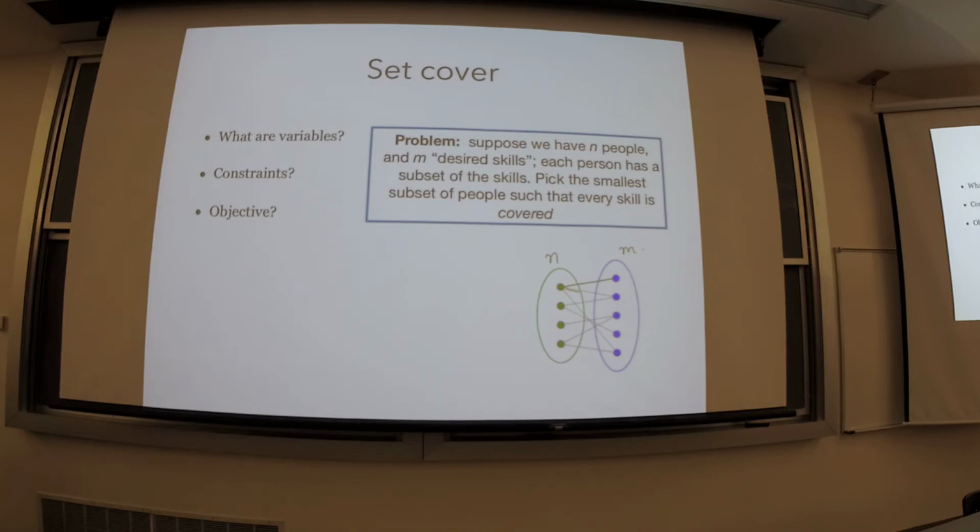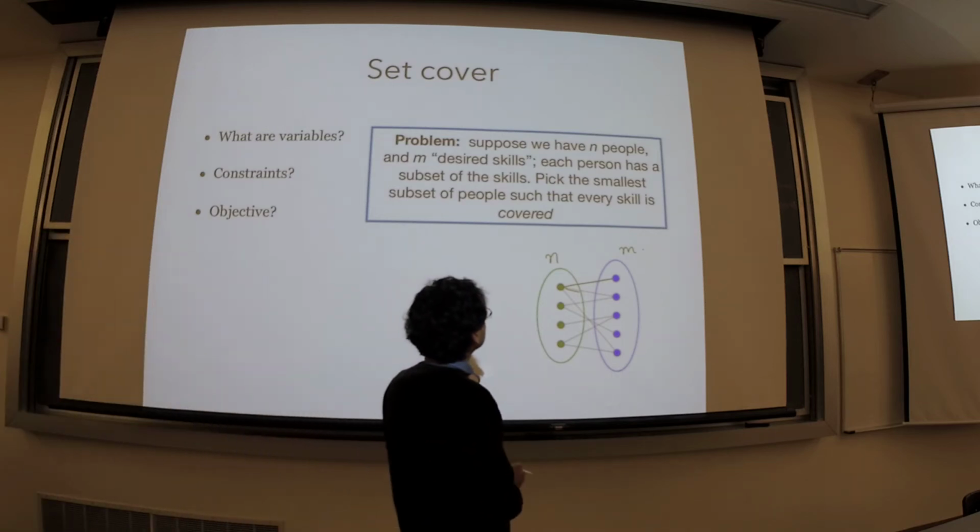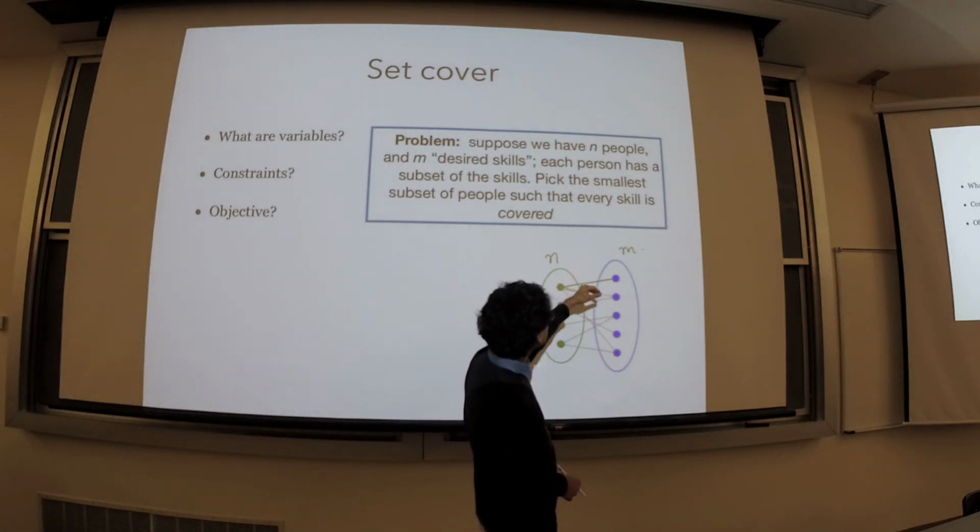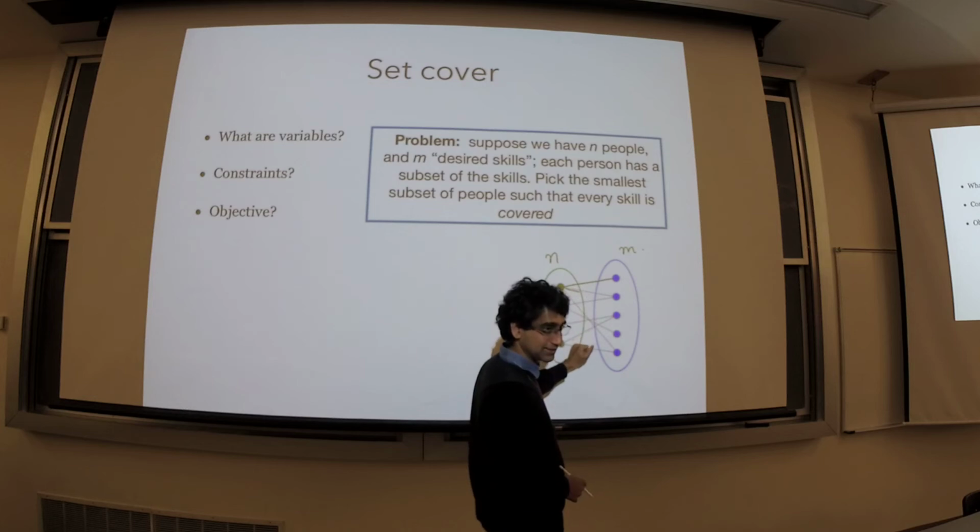What are the constraints and what's the objective? Variables are the connections between n and m, obviously. This is going to be similar to the child gift problem. Okay, so let's say your variables correspond to these edges.